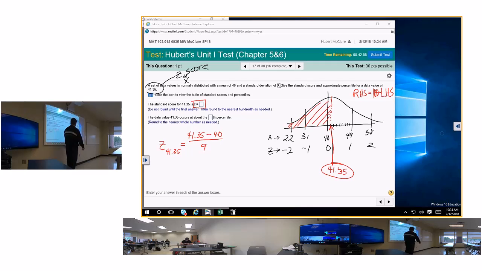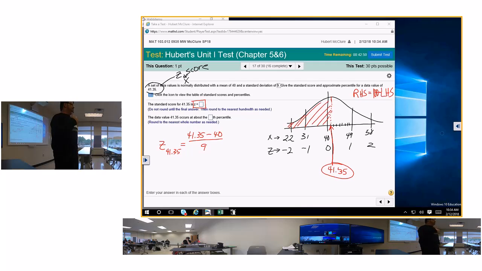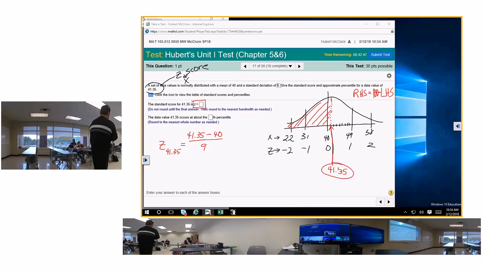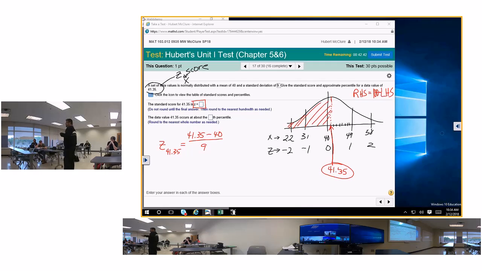It's going to be over what? 2 things. One, is it going to be over 50%? Yes. Your area is going to be over 50% if you're looking for the left-hand side. 2, it's going to be positive. And 3, it looks like to me it's going to be like 0.1 or 0.2 or something.